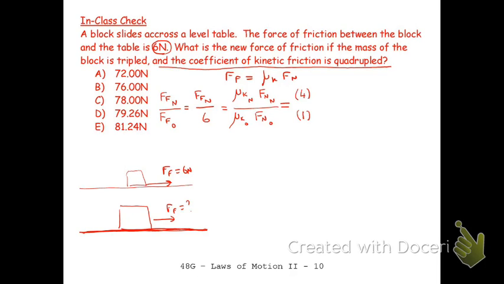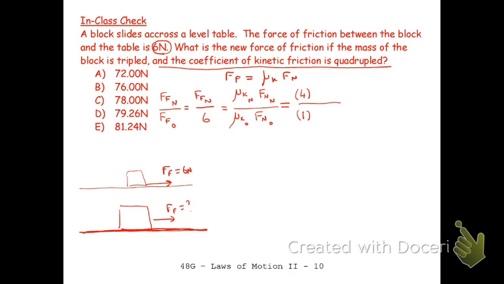Supposing that you didn't have that insight, supposing you said, I'm going to call the old one 1/4 and the new one 1, it still works. If I'd called the old one 5 and the new one 20, it still works. You could call it 1 mu k and 4 mu k's. You can leave the letter in if you want, as long as you're going to cancel the letter out. As long as the ratio is 1 to 4, you've done what the question says.